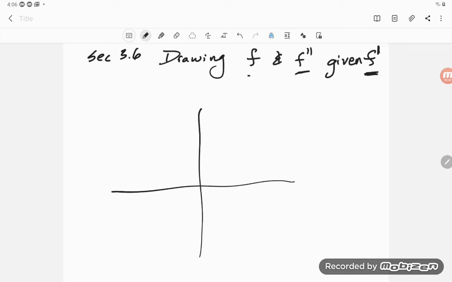And so, suppose I have something like that for my f prime. Now I want to draw f. What you have to remember is that here f prime is 0.